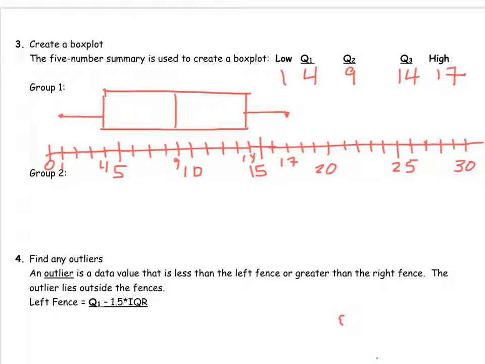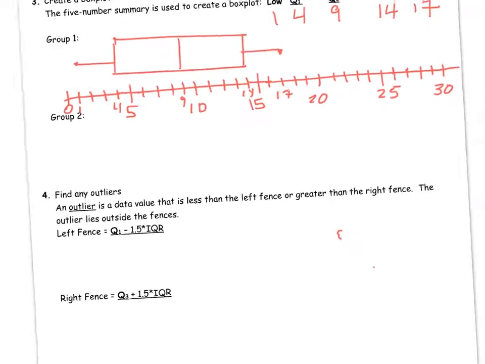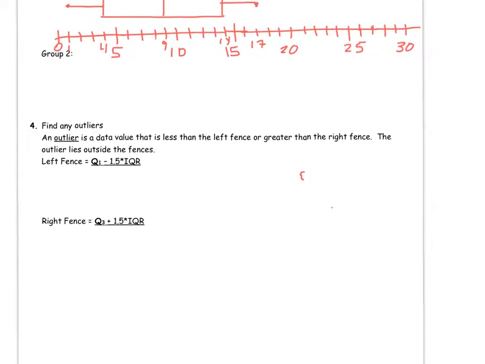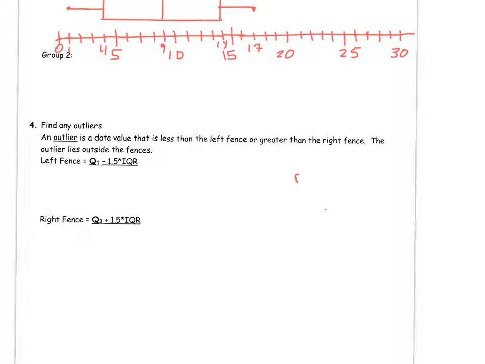Before we do that, though, we have one more thing to do here, which is to move the page up a little bit, and we're going to talk about outliers. We calculate outliers by looking at two numbers, and we're going to look at what's called the left fence and the right fence.